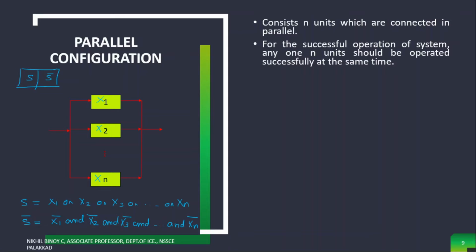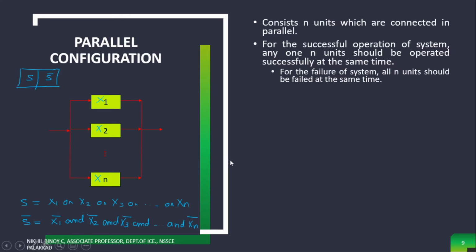In other words, the system will fail if all components fail. So the event S bar, the failure event of the system, is equal to event x1 bar and event x2 bar and event x3 bar and etc. and event xn bar. Am I correct?